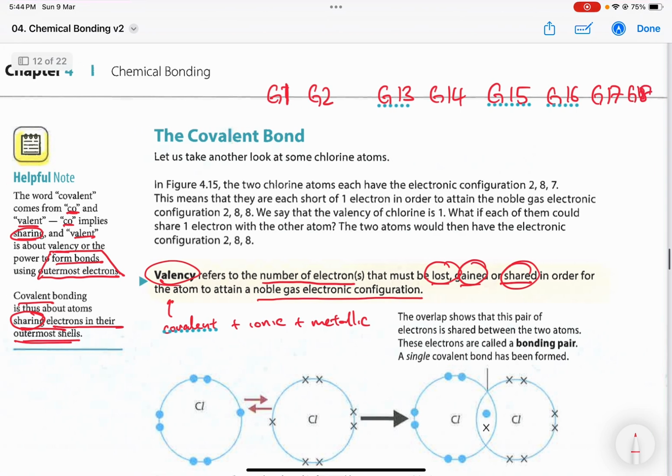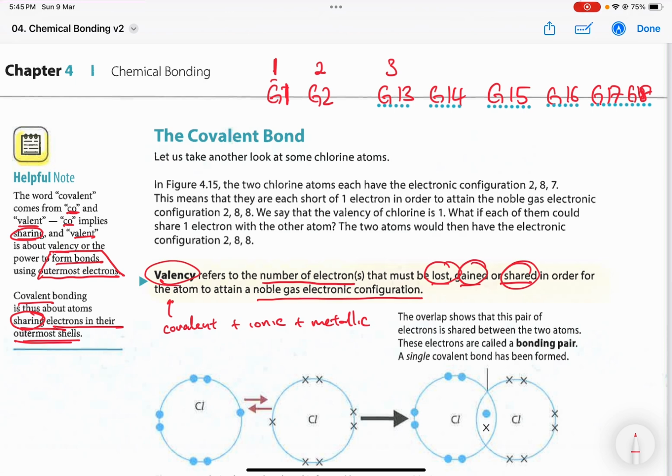Group 1, the valency will be 1. Group 2, valency will be 2. Group 13, valency will be 3. We know this because group 1 elements tend to lose 1 electron, with electronic configuration 2,8,1 or 2,1 or 2,8,8,1. So the valency of group 1, group 2, group 13 will just follow the group number.